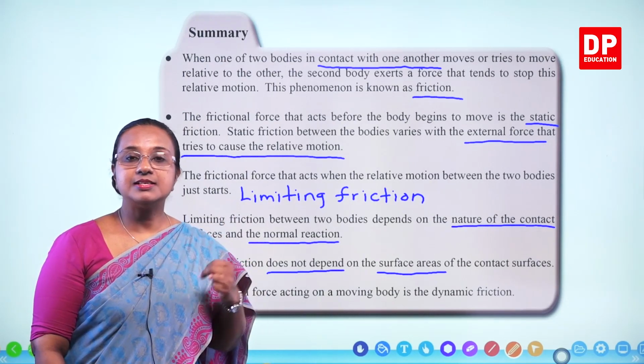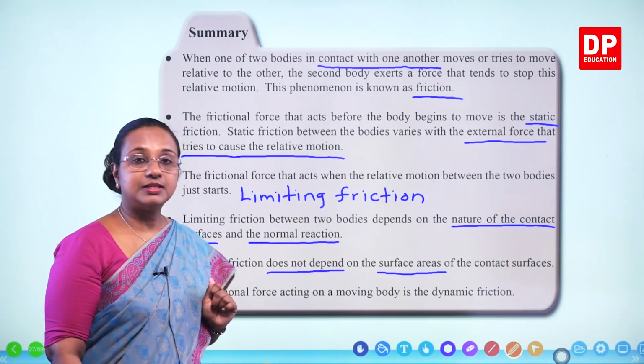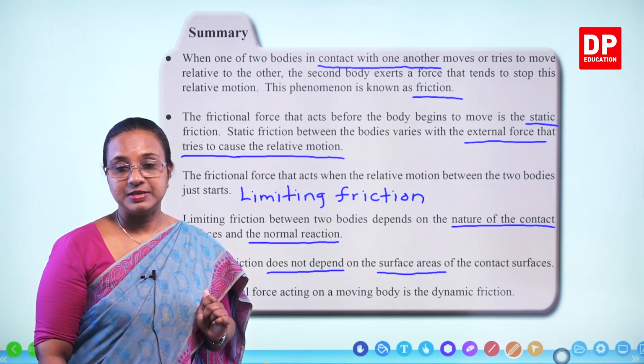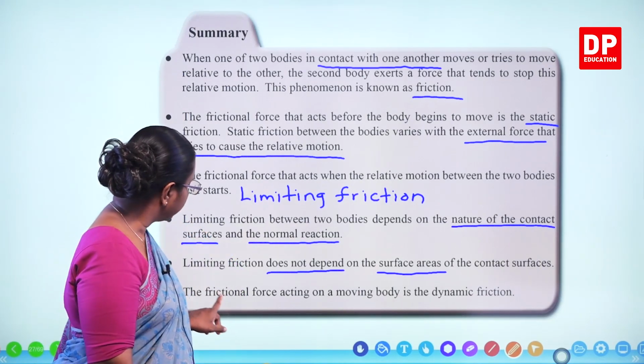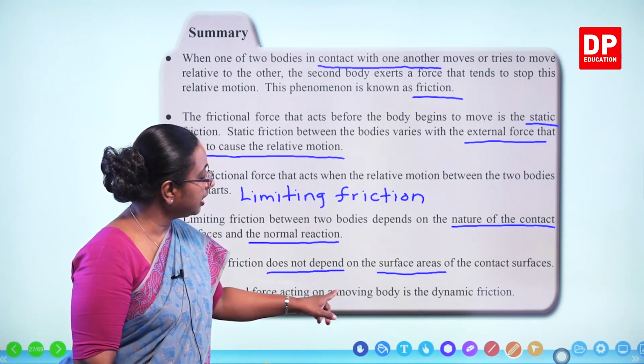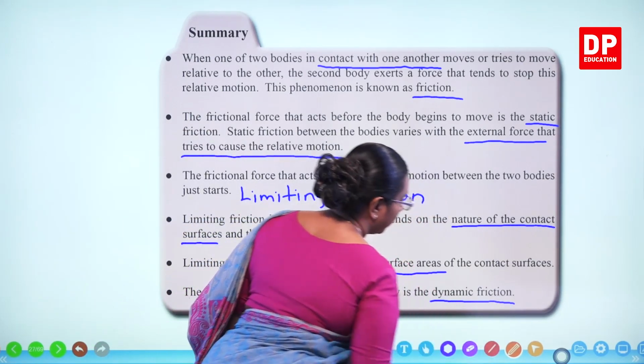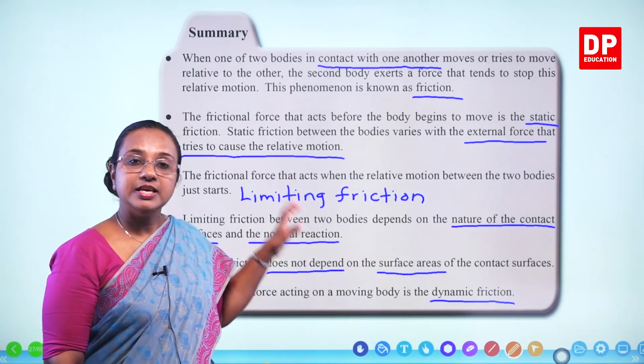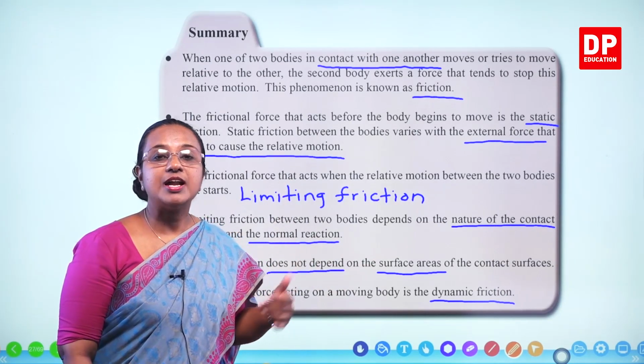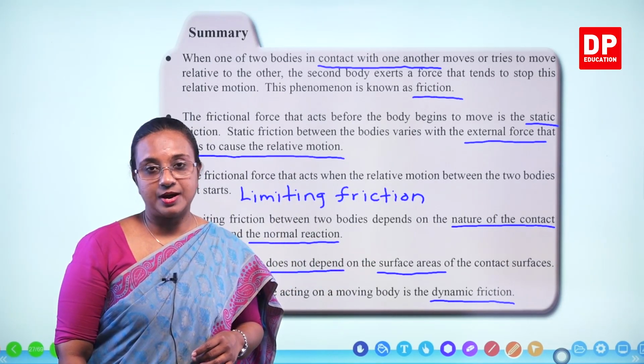So, two factors affect it. One factor does not affect the limiting frictional force. The frictional force acting on a moving body is the dynamic friction. So, this is the summary of what we have discussed so far.